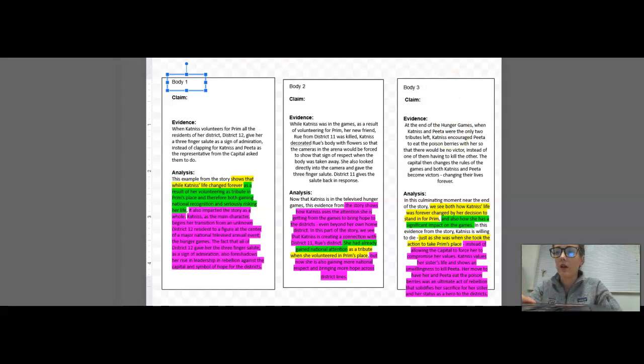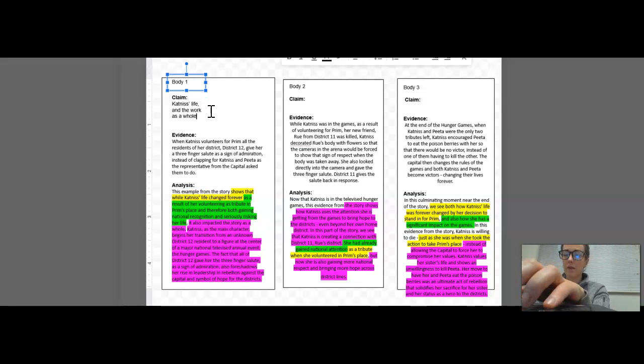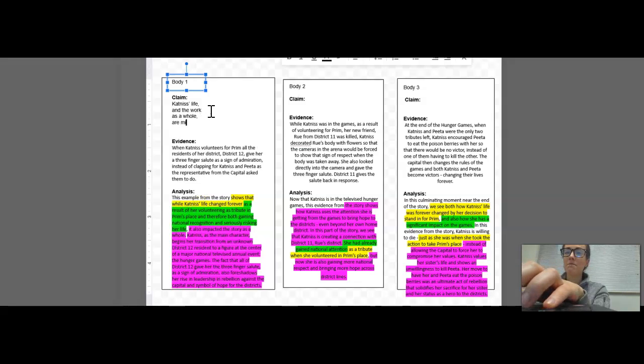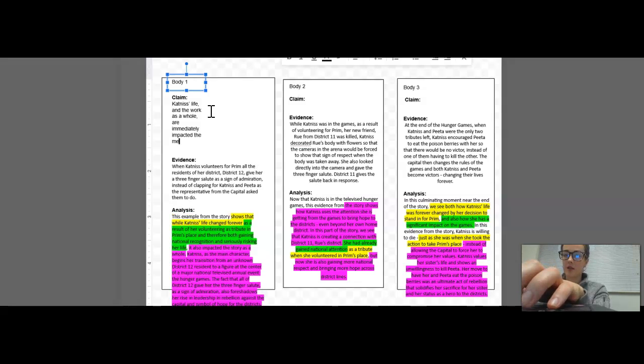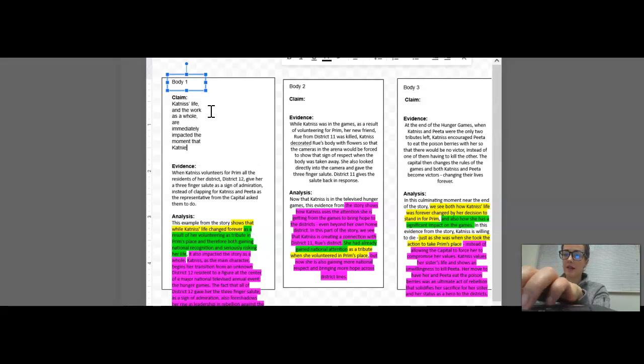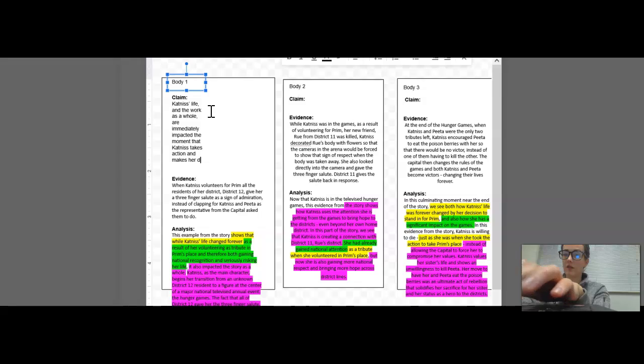So I'm going to say that as Katniss's life and the work as a whole are immediately impacted the moment that Katniss takes action and makes her decision.